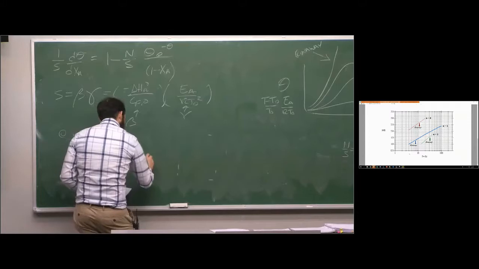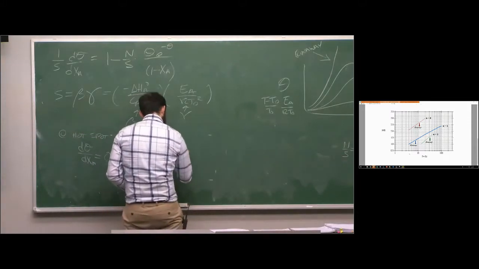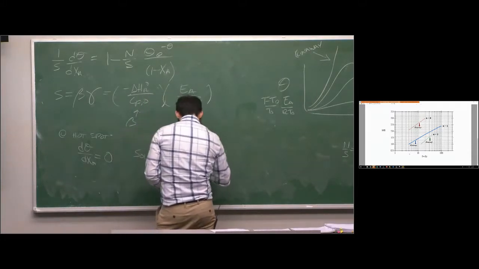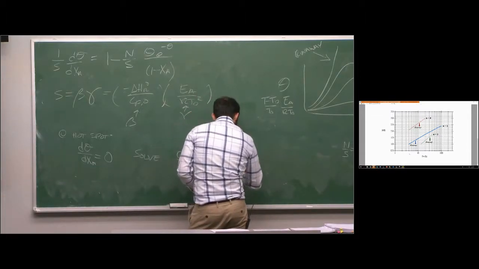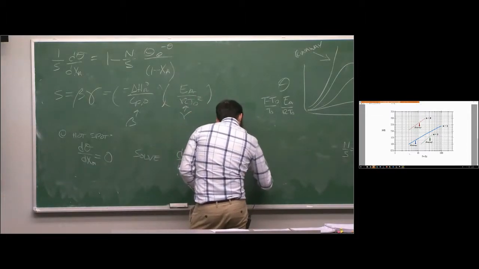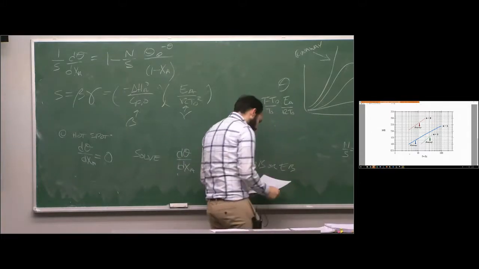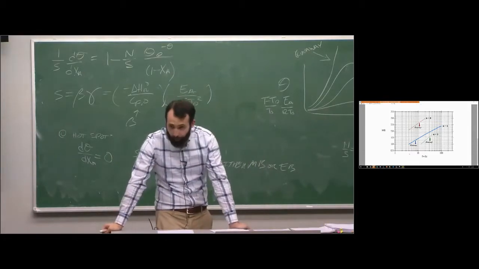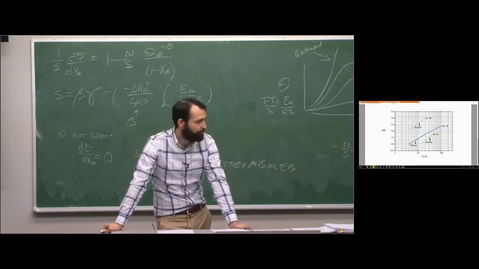And so you can solve this expression, d theta dxa, with either the material balance or the energy balance. And you can find for what values of N over S and S you will have a runaway.